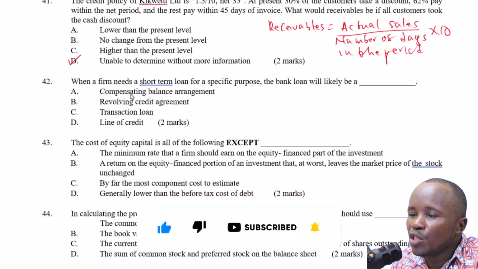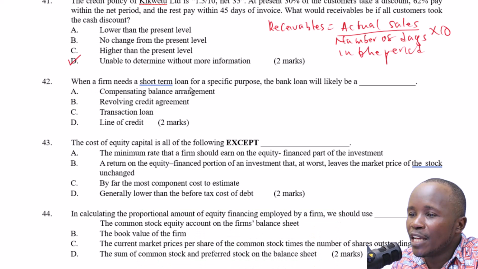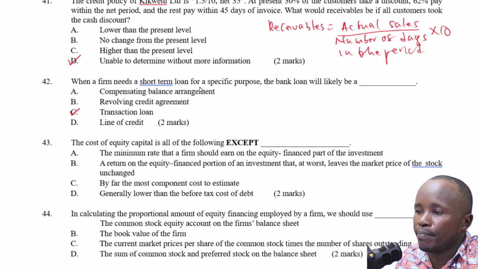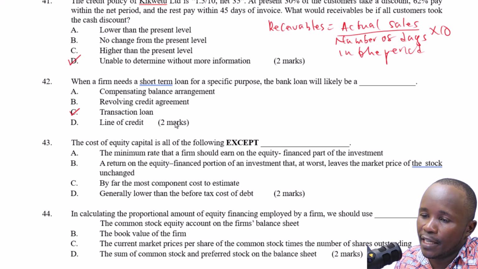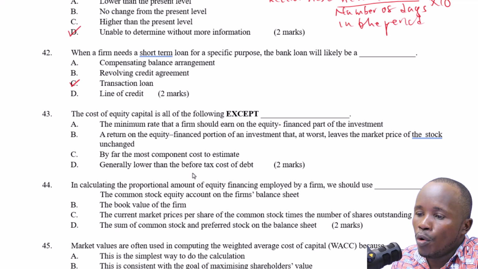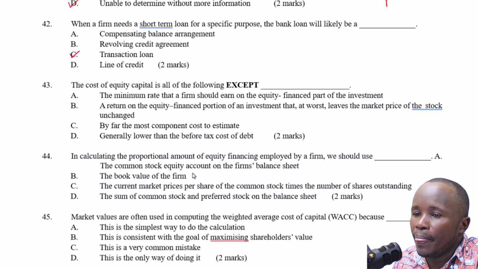If you look at this question, the firm needs a short-term loan for a specific transaction. Therefore, this loan will be a transaction loan. It is a short-term loan for a specific purpose. That means for a specific transaction. A transaction loan.